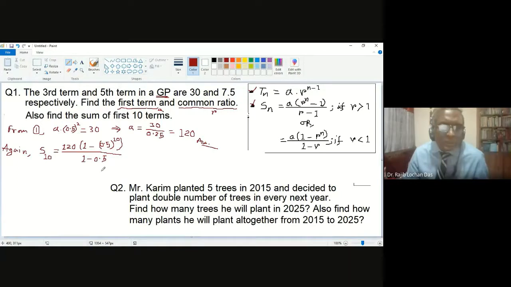You can continue like 120, and in the first bracket 1 minus 0.0000, how many zeros, and then divided by 0.5. How many zeros do you have here, and what is the number? Can you tell me? That will be many zeros. 1, 2, 3, 4, 5, 6, 7, 8.